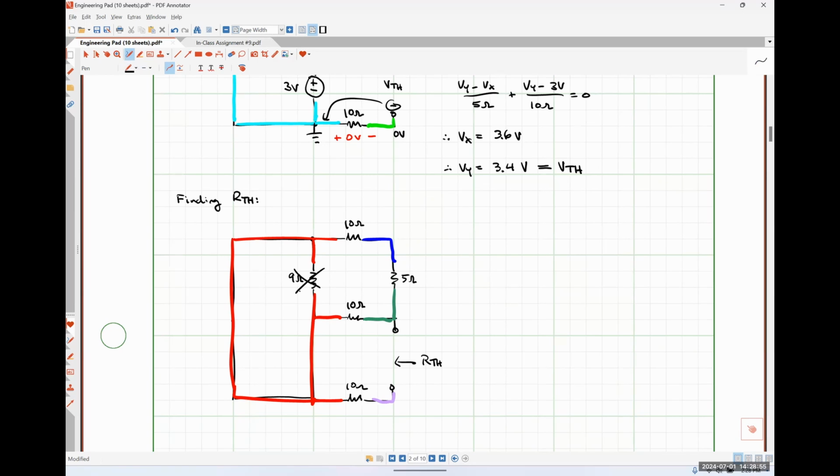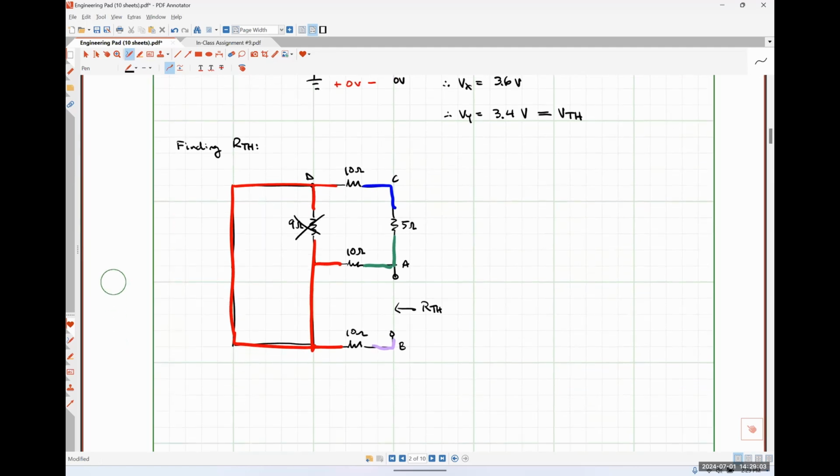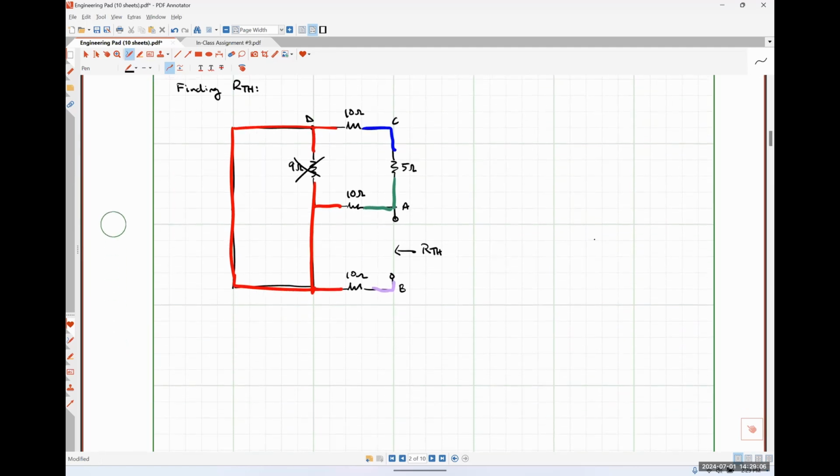So let's call this node A, this B, this C, and the red node D. And I'm going to put A over here on the left-hand side and B over here on the right-hand side. So to go from A to B, the simplest path would be to go from A to D to B. So let's stick D here in the middle.